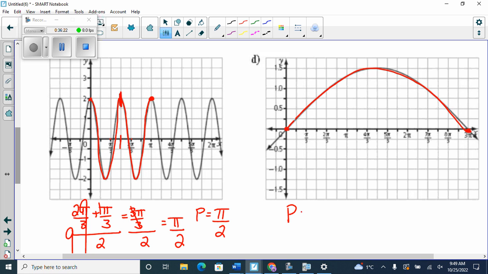And now because this and this occurred, that's when I know that I found half the period, right? Because I went past the max, back halfway, right? So then this would be half the what? That would actually be the amplitude. Because I would go down here. So this here is actually the amplitude. So it's 1.5.